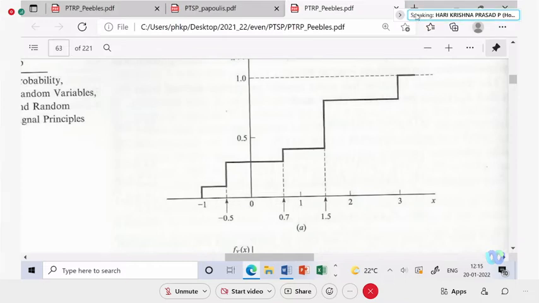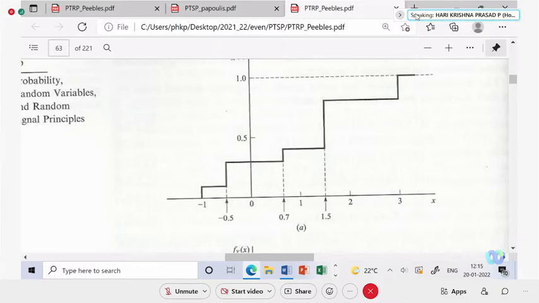That means the values are occurring with 0 probability. That is my answer. If I say no value is happening between 0.7 plus and 1.5 minus, that is also right, right? Yes, sir. So the random variable is taking values specifically minus 1, minus 0.5, 0.7, 1.5, and 3.